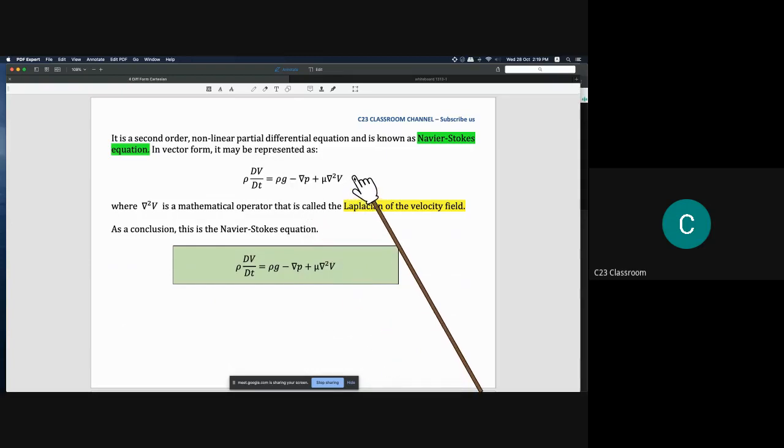According to my observation, it is common for a textbook to write down this term as the Navier-Stokes equation, because you need to know the idea of nabla P and also the nabla square V. Why does this become a nabla square?